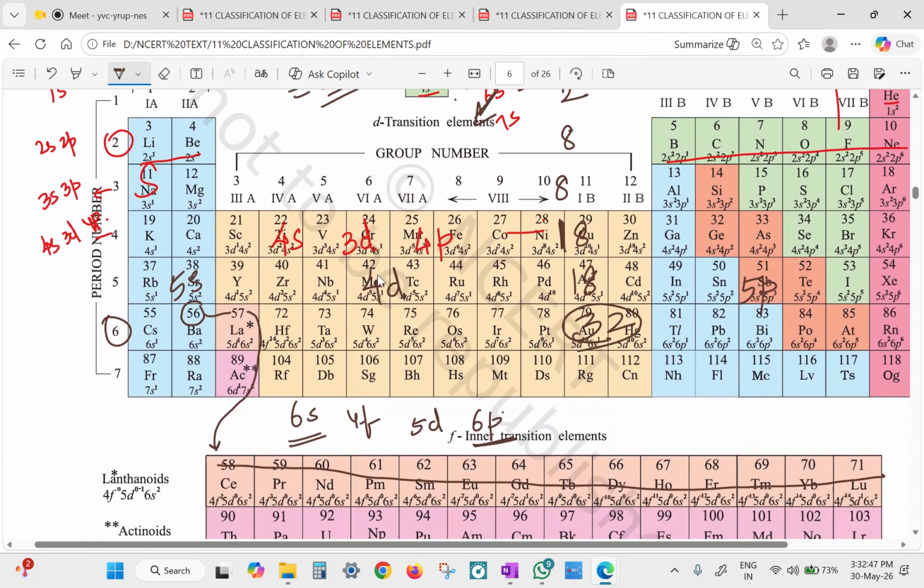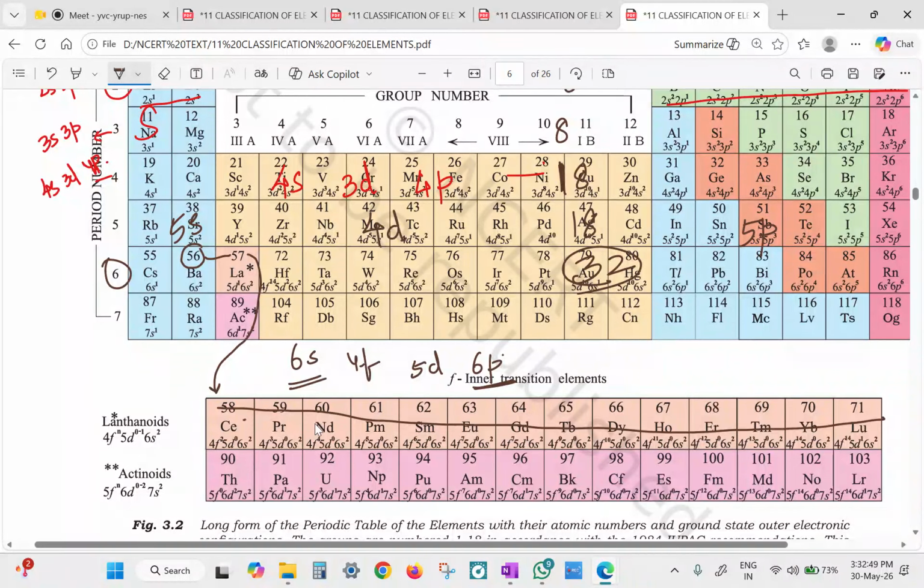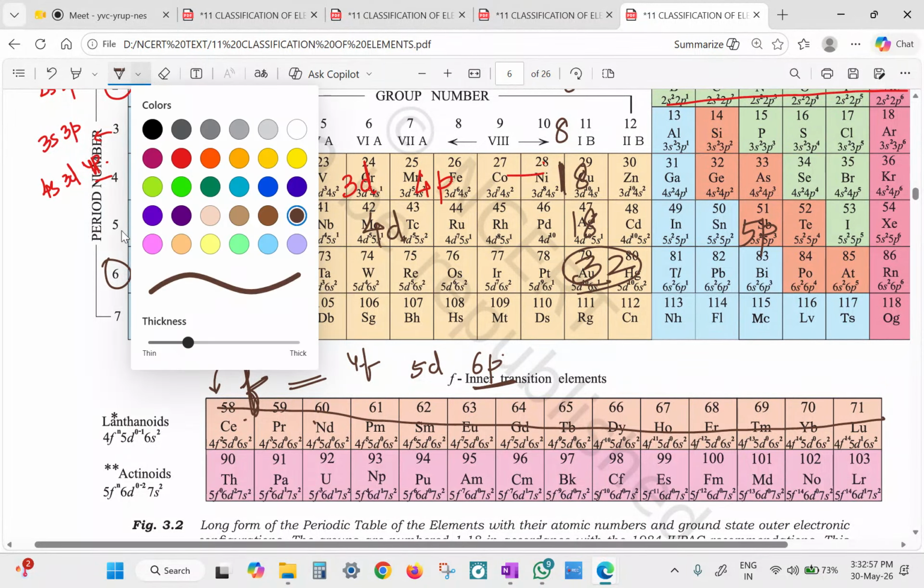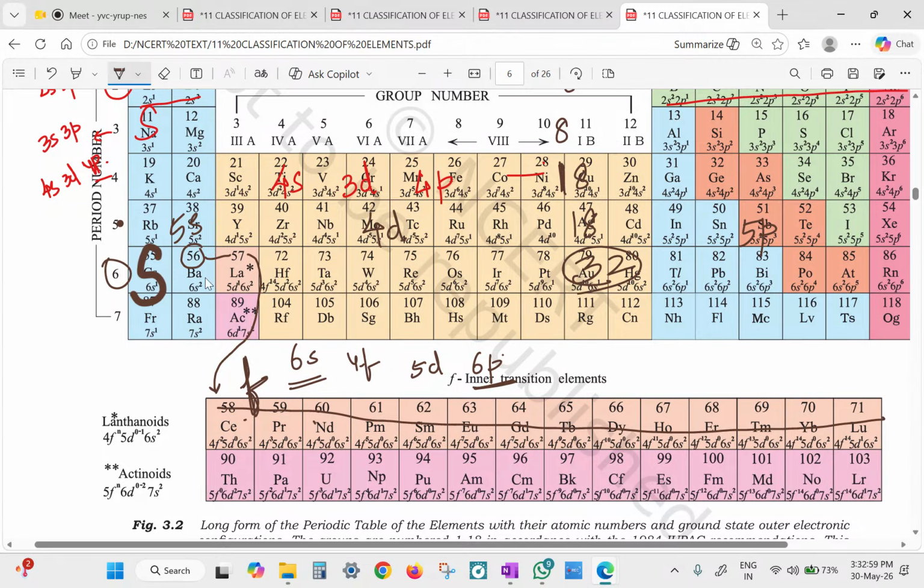Now, for these elements, their outermost electrons are going into the F. For these elements, their outermost electrons are going into S. These elements are receiving electrons in the P, and these in D. So the element which is receiving the electron in F, should its properties be same as S, D, P or none of them?